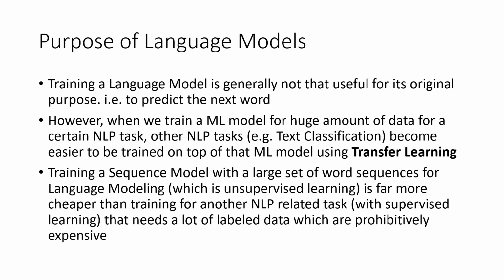But because the internal structure of the language is already learned with these language models, which are trained with a lot of data scraped from the internet, your machine translation would now be very accurate, right? So that is the advantage that you can get with transfer learning with language models, right?